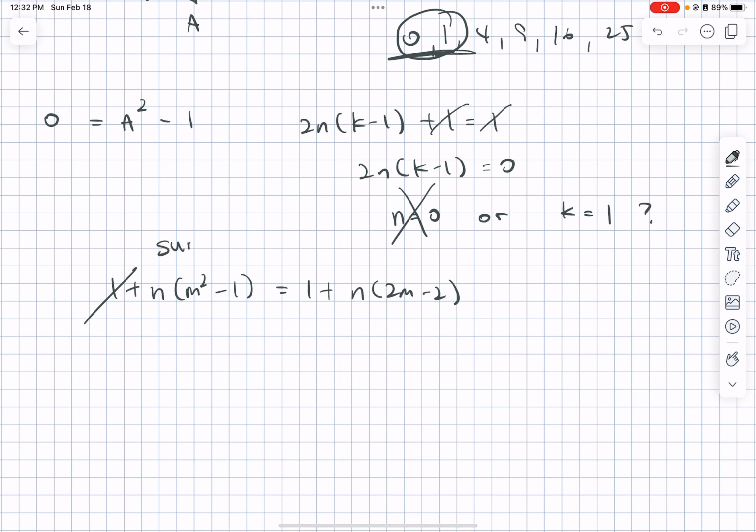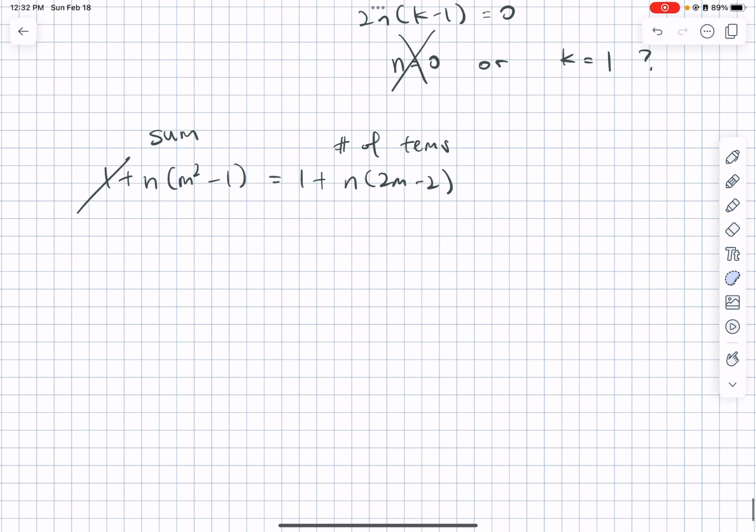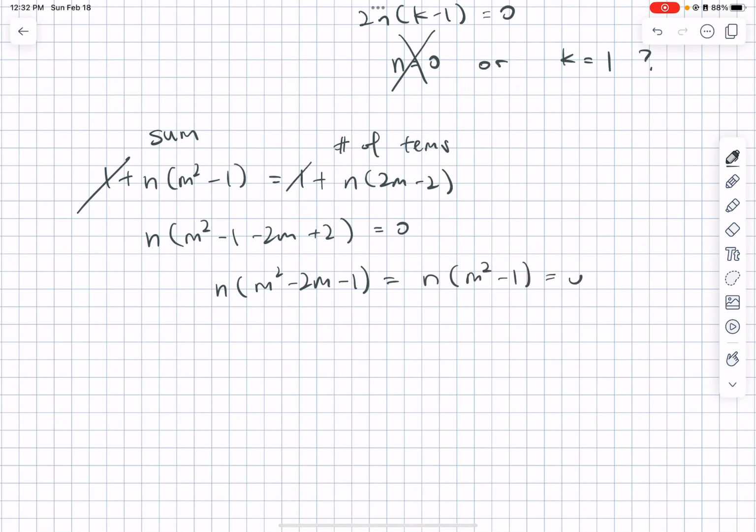This is the sum, this is the number of terms. The 1s cancel out, so it's going to be n(m squared minus 1) minus n(2m minus 2) equals 0. Simplify this a little bit: n(m squared minus 2m plus 1) equals 0.